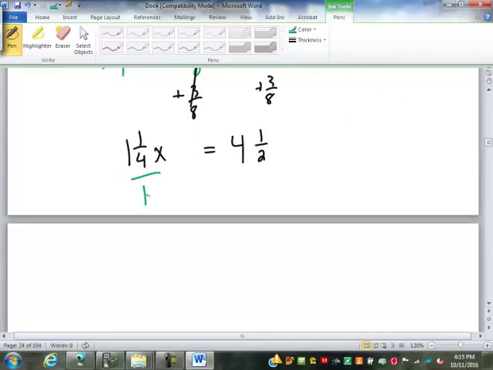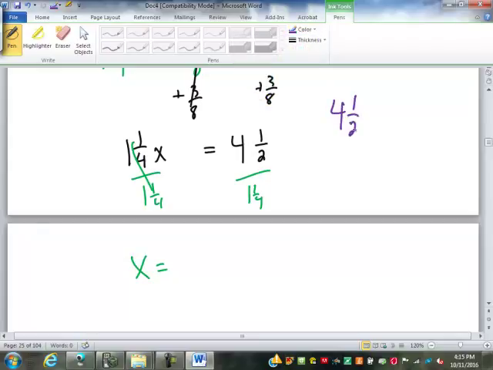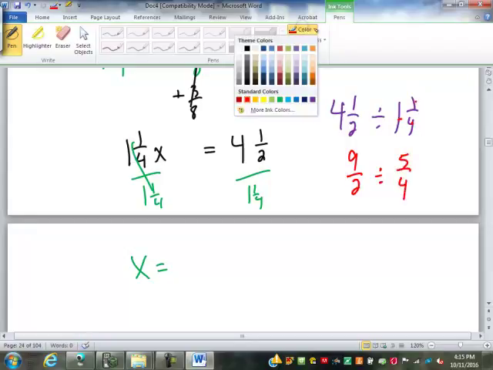Divide by 1 1/4. So x equals 4.5 divided by 1 1/4. So we're going to make each into improper. 4 times 2 is 8, plus 1 is 9/2. 1 times 4 is 4, plus 1 is 5/4, sorry.